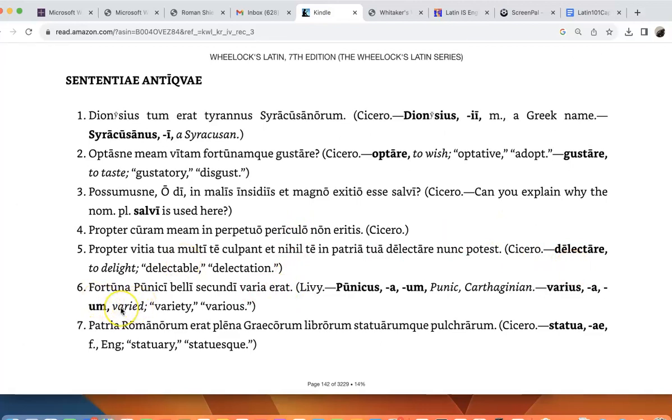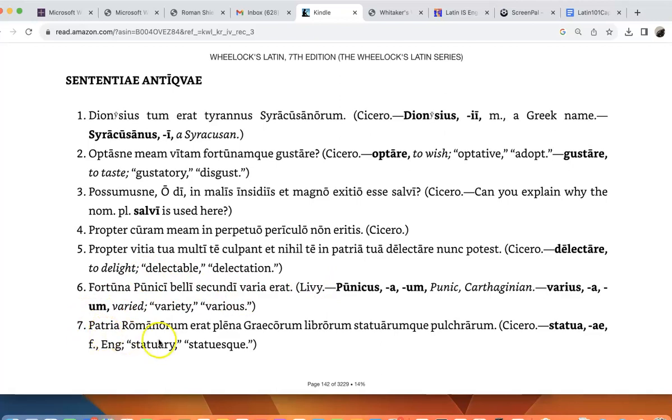So I'm just going to copy that word right here. So what does that mean? It was a long struggle. If you study it, which you would at a more advanced stage of Latin and Roman history, you would see that it took Rome many, many years to defeat Hannibal and Carthage, and that's sort of what Livy is recording here.